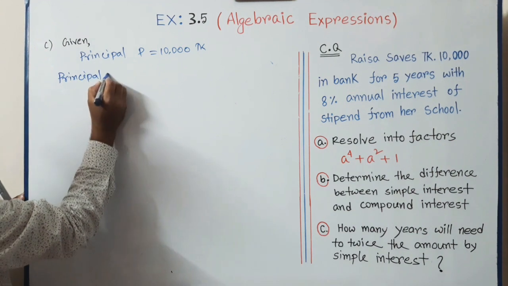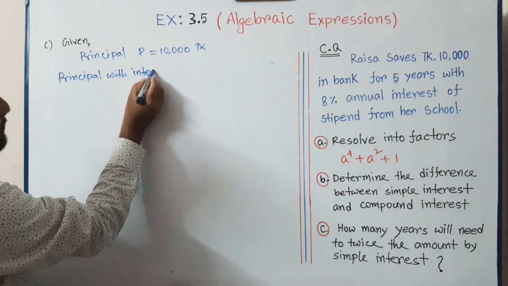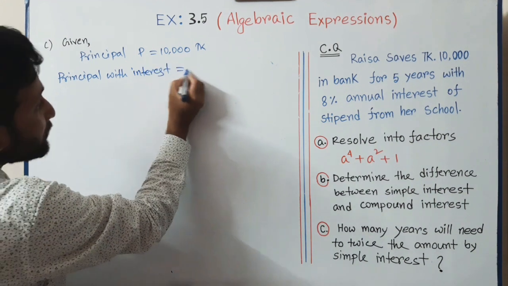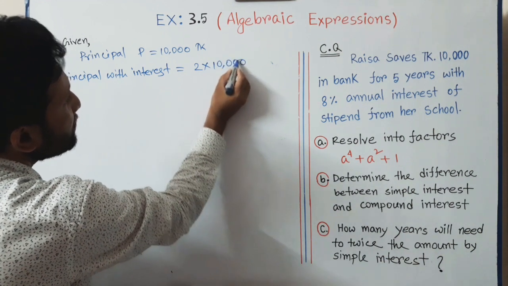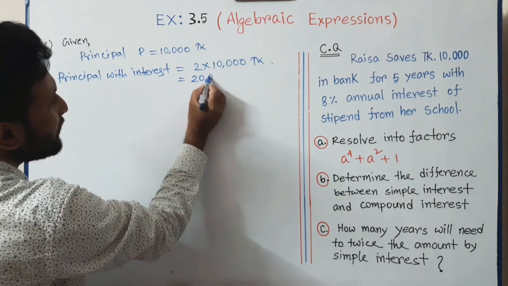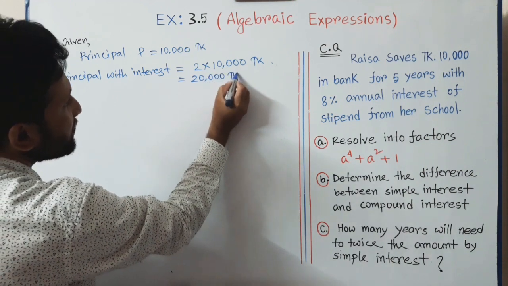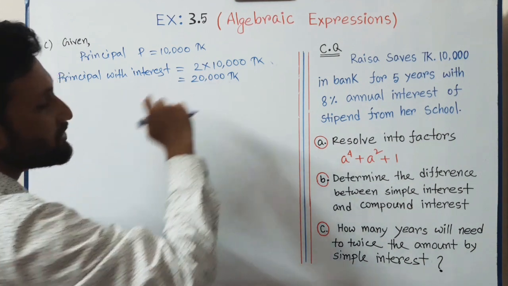equal to twice the principal. So according to the question, twice the principal 10,000 taka. That means we can say 20,000 taka principal with interest. Here principal 10,000 taka, so principal with interest 20,000 taka.